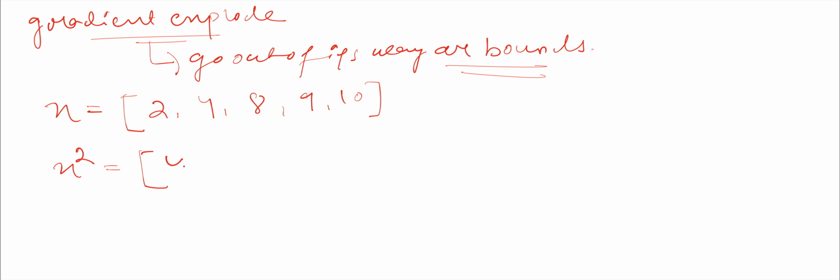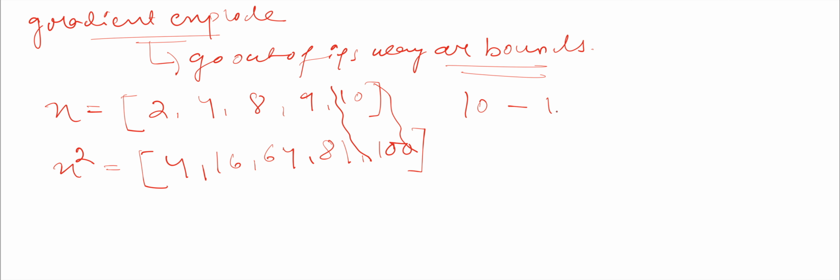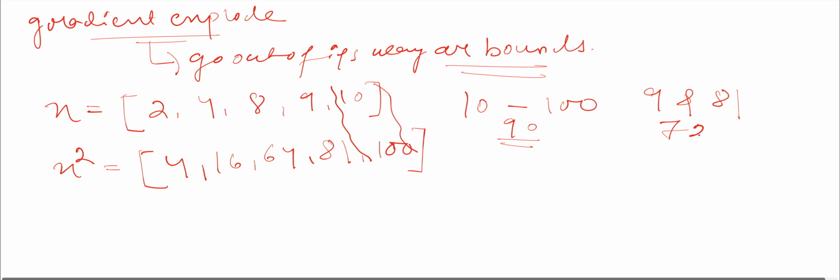So x square will be 4, 16, 64, 81, 100. See, for example, between 10 and 100 there is a lot of difference, 90 points. 9 and 81, 72 points difference, right? It's a huge gap.